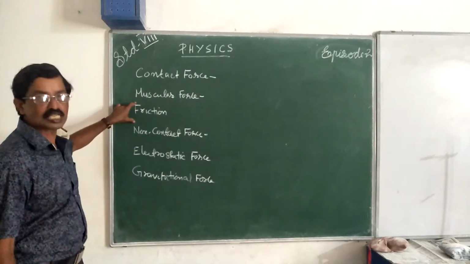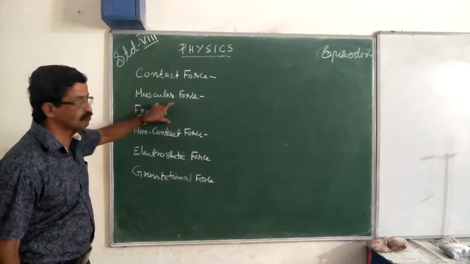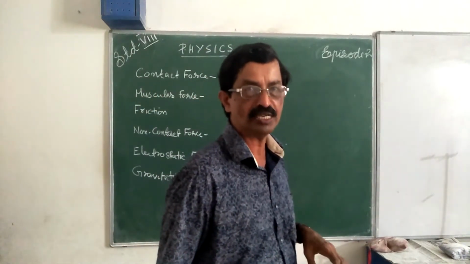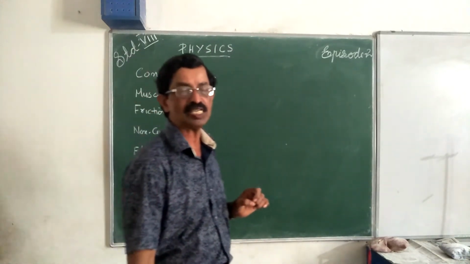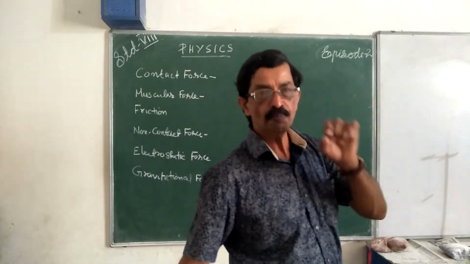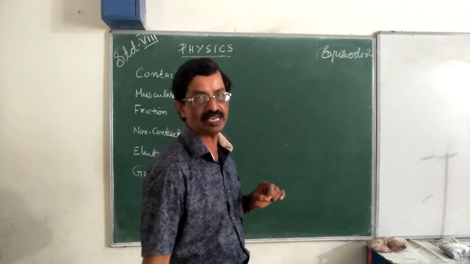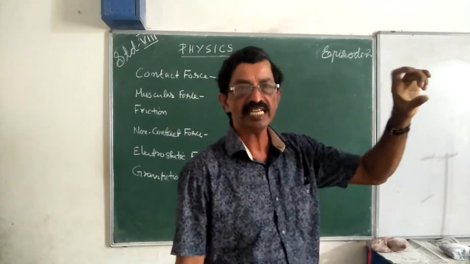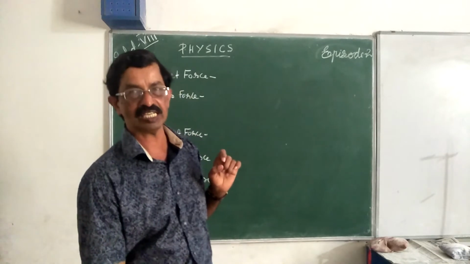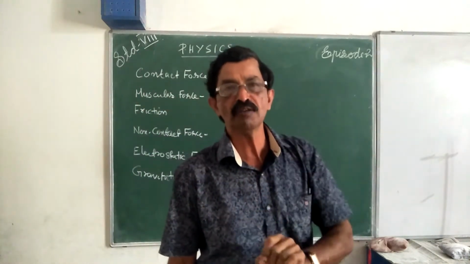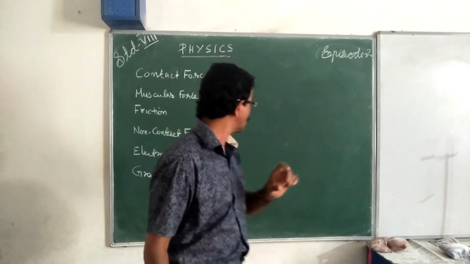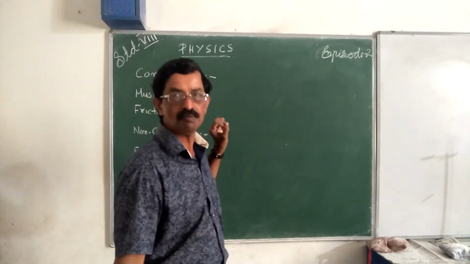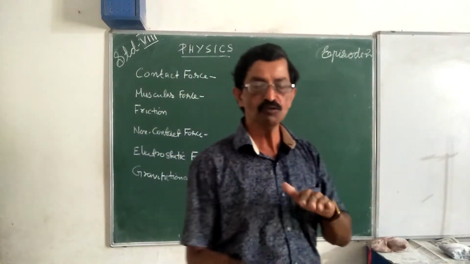The important thing you want to remember about frictional force is, whenever there is motion, there is always a frictional force which acts opposite to the direction of motion of the body. In which direction is the body moving? Suppose the body is moving east, then the frictional force is acting to the west. If the body is moving north, then the frictional force is to the south. That means frictional force is always opposite to the direction of motion of the body, and it acts between the two surfaces.